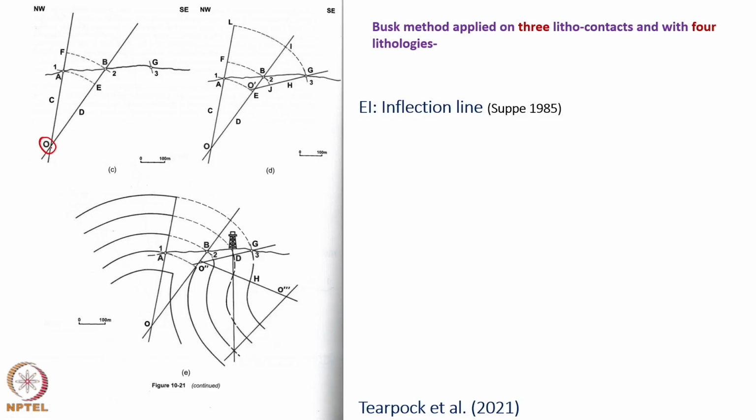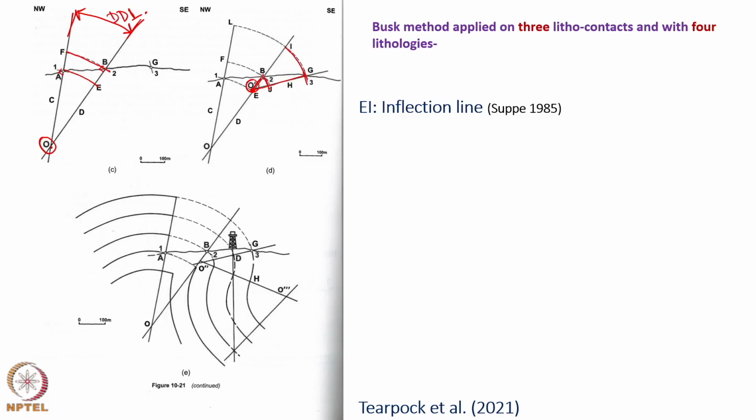First, one of the centers O was found by drawing normals here, and then 2 arcs were drawn, and these arcs are restricted within these 2 lines, and this defines dip domain 1. Then a normal is drawn from this, and that intersects this line, that defines O dash, the other center from which these 2 arcs were drawn.